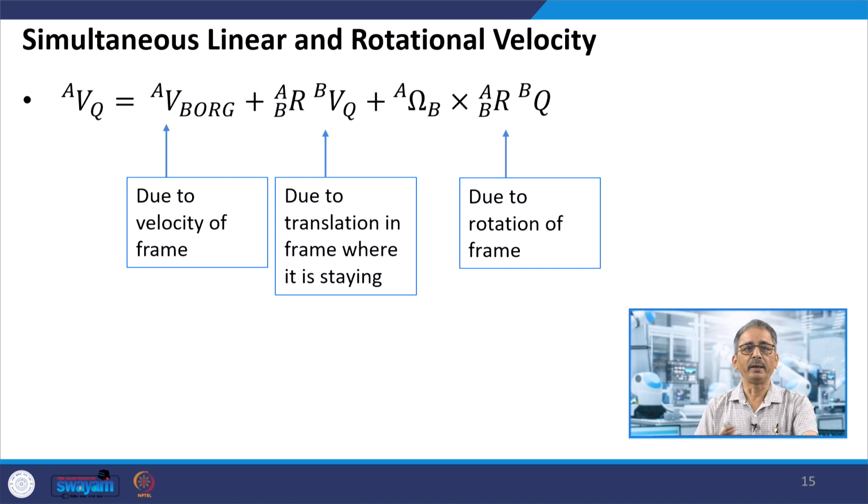Alright. So, if we have simultaneous linear and rotational velocity, now I am going to come to a very general case.